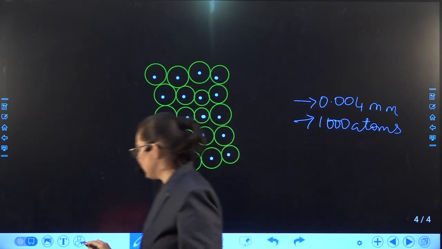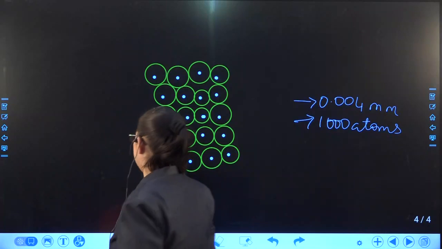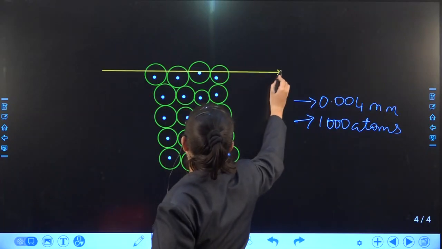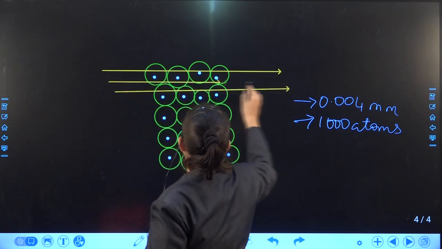Now, what he did was, he passed alpha rays on this. So he observed that most of the alpha rays went straight away.